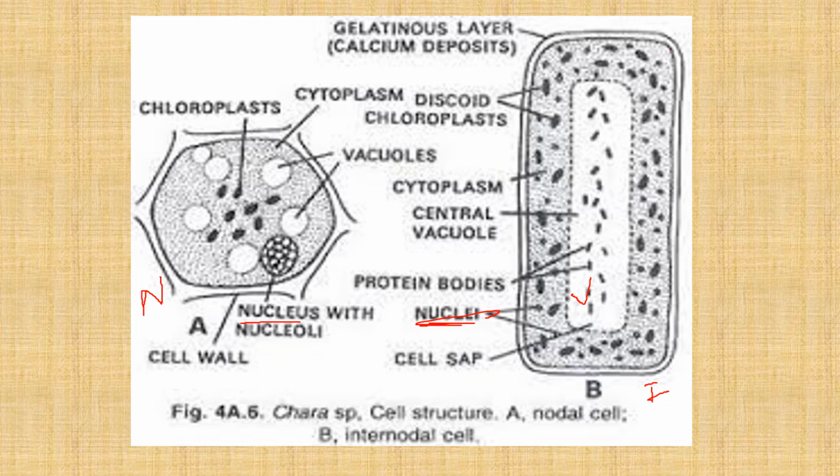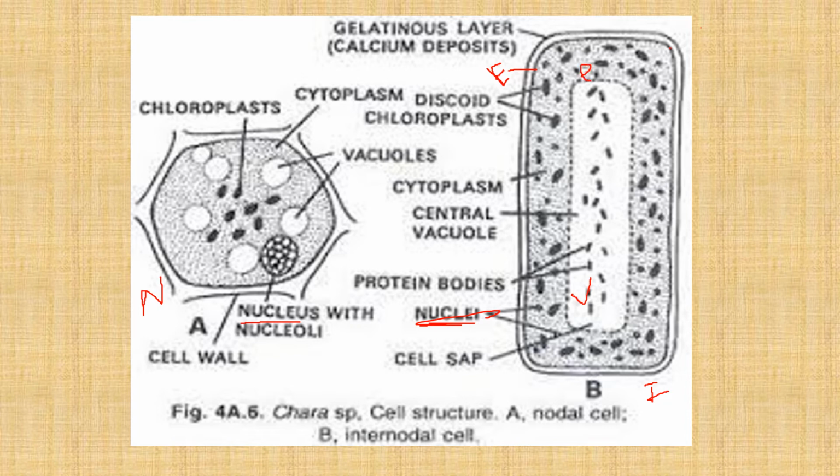This outer layer is the ectoplasm. We write it with capital E. Here no streaming is observed.